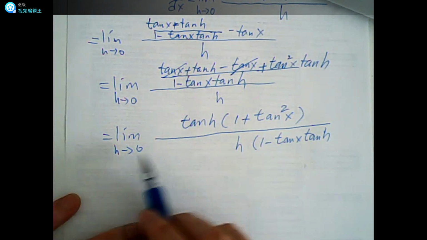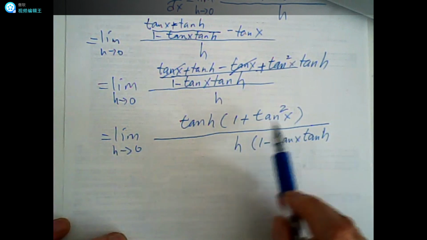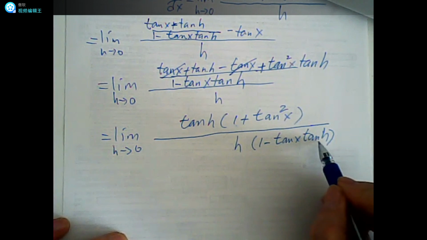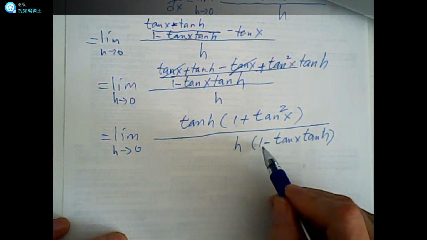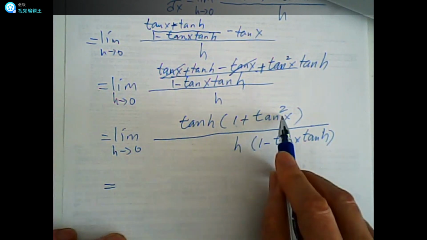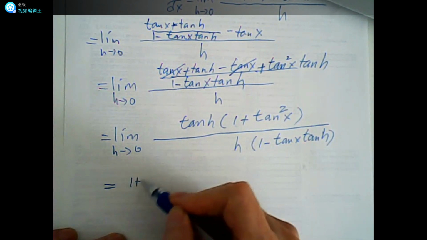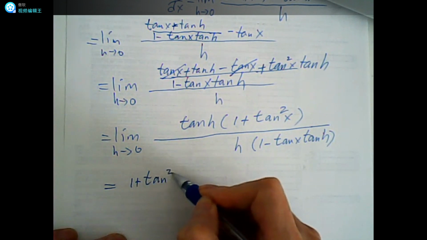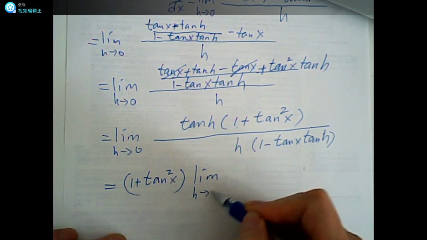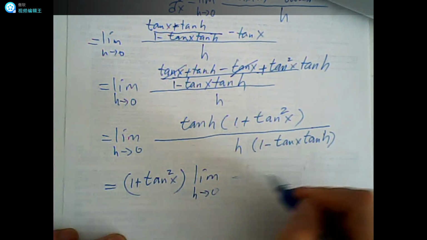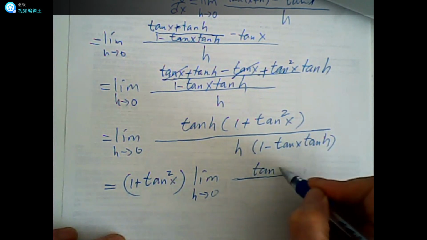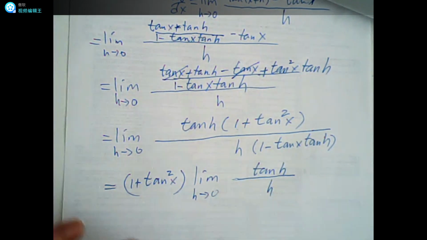Then we try to find the limit as h goes to 0. Now this is nothing to do with h. This one goes to 0, so this goes to 0. This is 1, so what is left over is 1 plus tangent square, times the limit as h goes to 0 of tangent h over h, right?